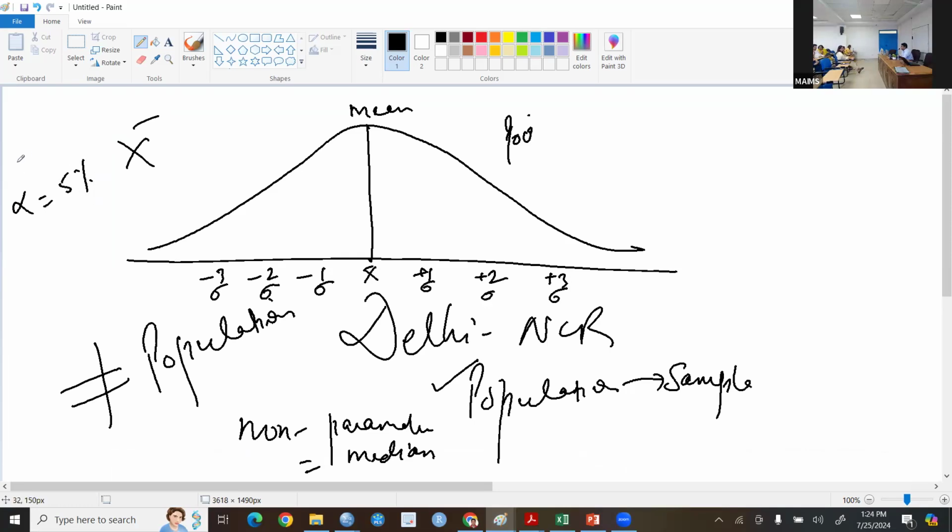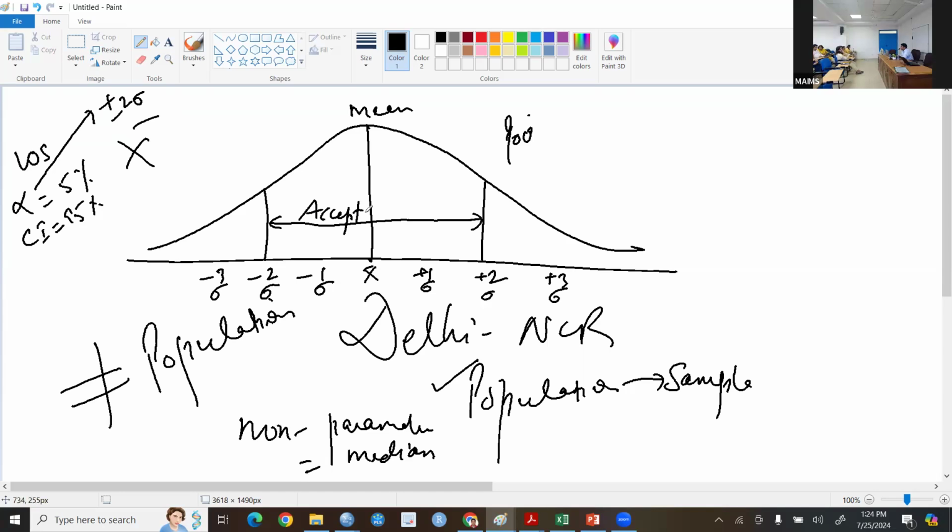Alpha is 5% and level of significance is taken at 5%. That means confidence interval is 95%, right? 5% is the area of rejection. And at alpha 5%, the results are taken ±2 standard deviation like this. This is my acceptance region, and this is 95% acceptance region. So this is my rejection region.